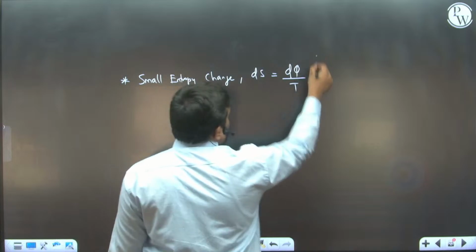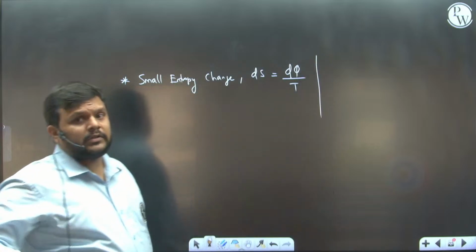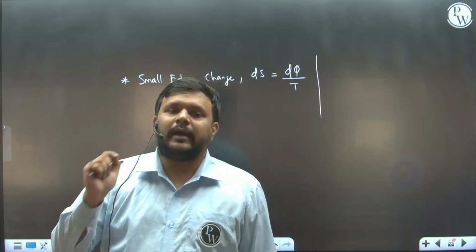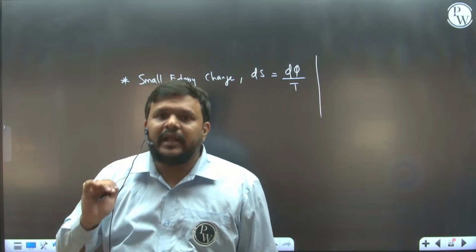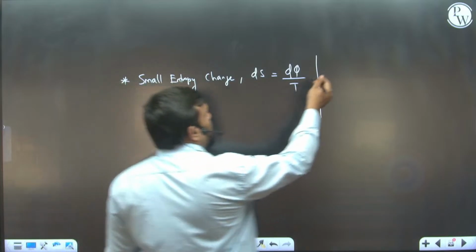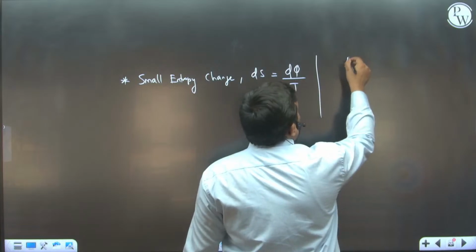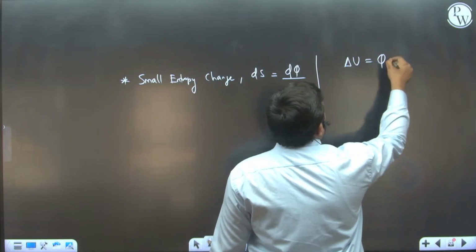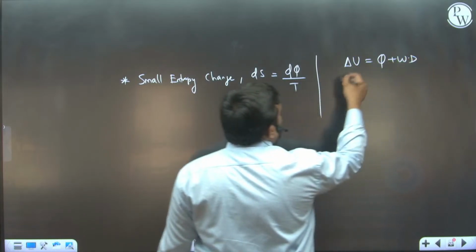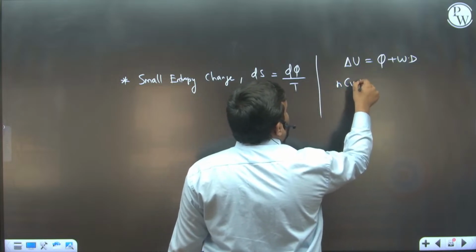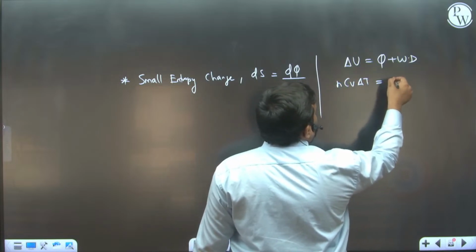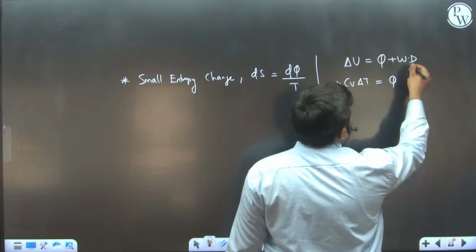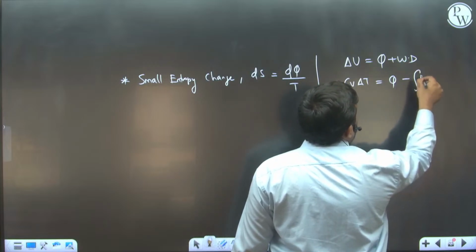And always you can see that for the second law we have to take the help of the first law. And in the first law you saw that delta U is equal to q plus work done. This delta U is nothing but nCV delta T. q is heat exchange and work done is minus integral PdV.